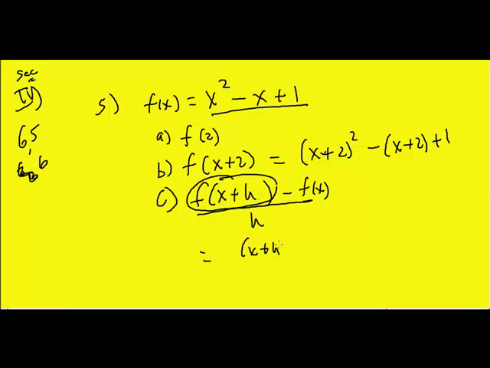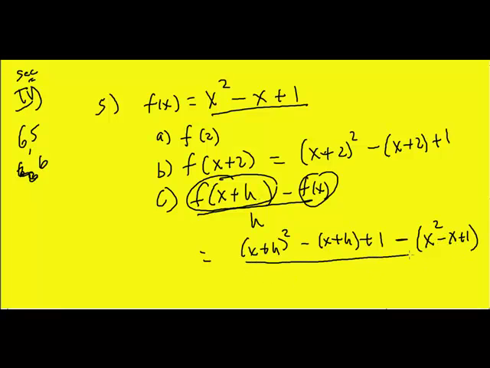So x plus h squared minus x plus h plus 1. Any questions? Minus. Put in f of x, which is x squared. You better put parentheses. If you don't, I'm going to take a point off, or 2, over h. Please stop there, because if you go any further, next week we will have to go further. But this week, stop right there.